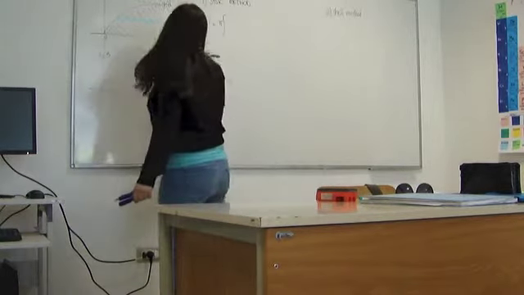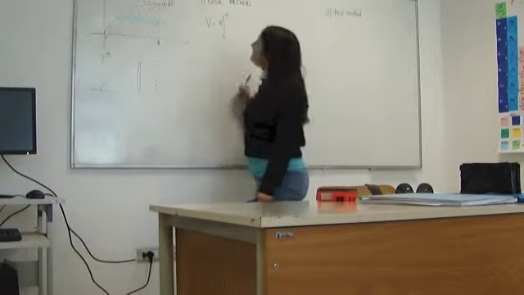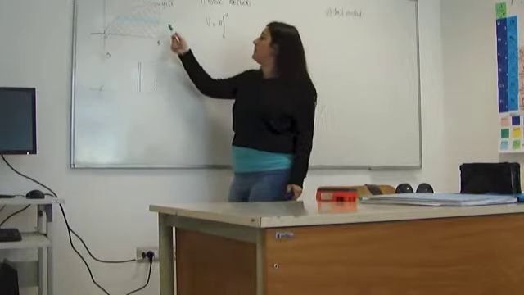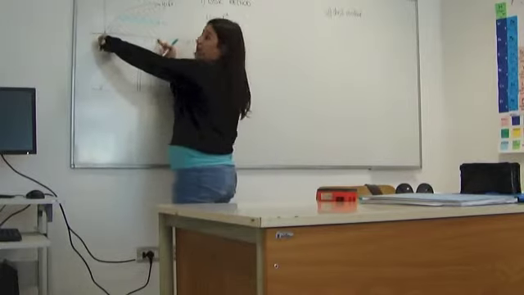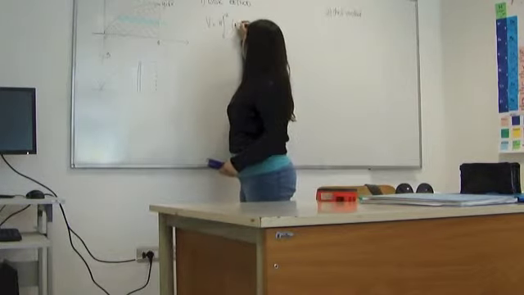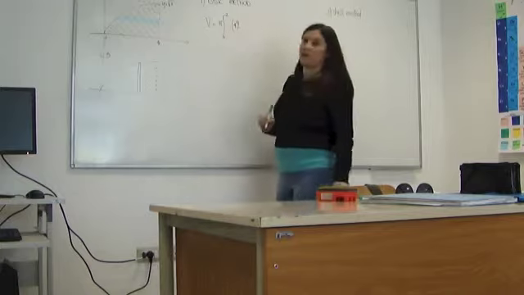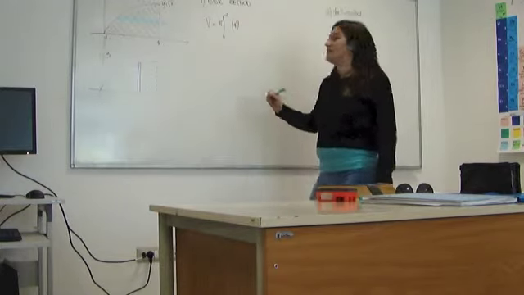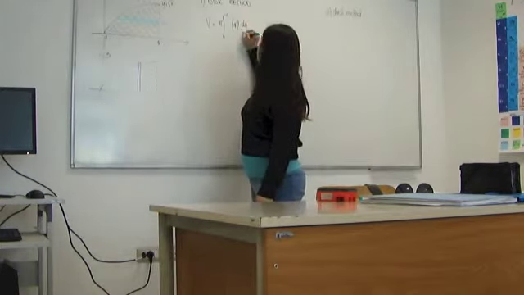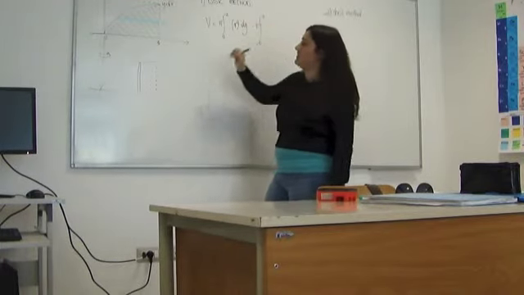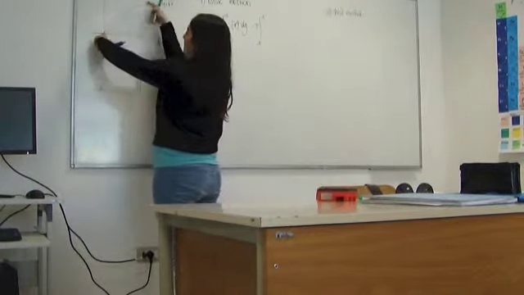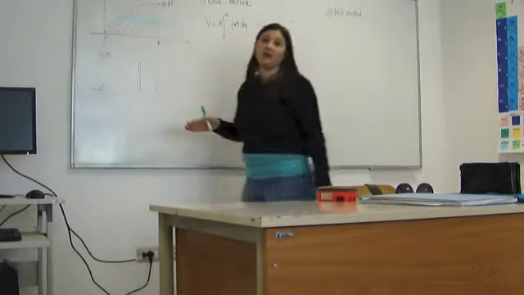So it's from 0 to 2 of the radius of the big cylinder, so 4 squared times dy, minus the volume of the inside one, right?